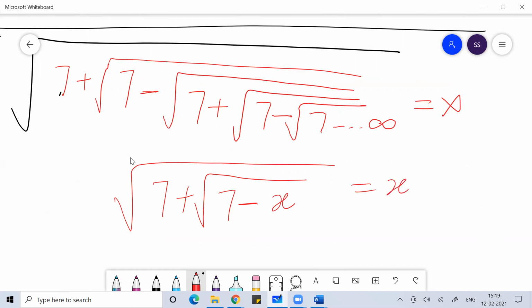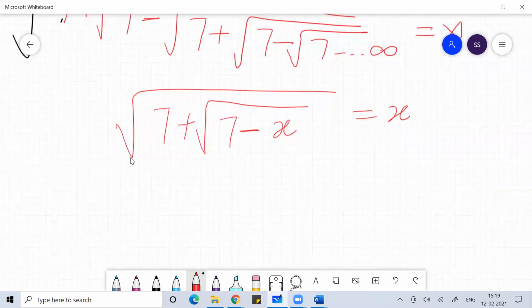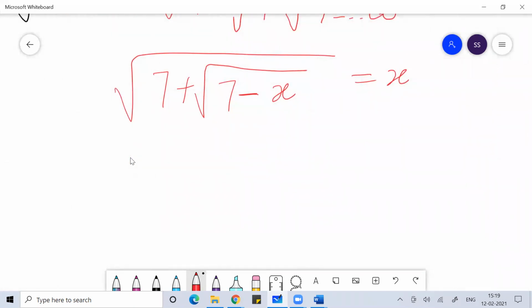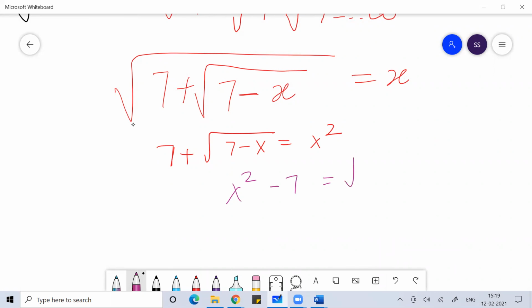So if I square both sides, I'll get 7 plus root 7 minus x equal to x square. I can write x square minus 7 is equal to root of 7 minus x.